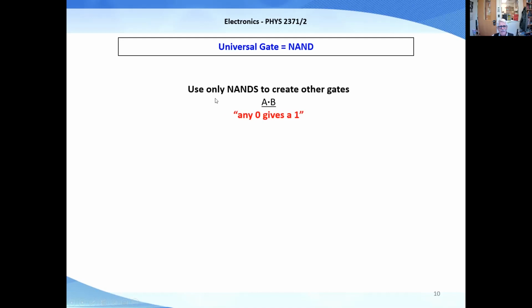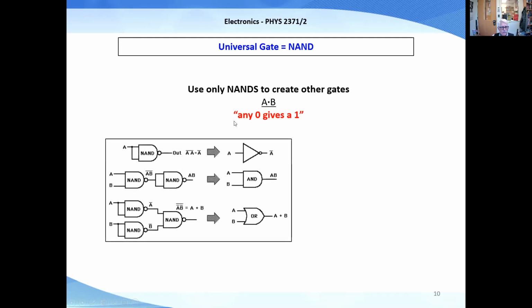The NAND gate. One of the powerful things is that with NANDs, it's easy to create other gates. A NAND is such that any 0 gives a 1. That's a general rule. So if you take a NAND gate and you tie the A and the B input together, it just gives you a NOT gate.